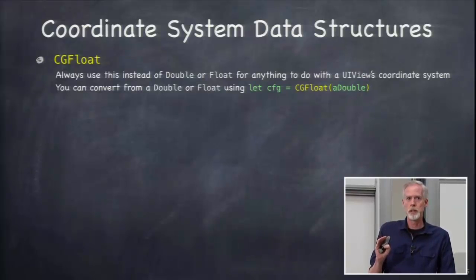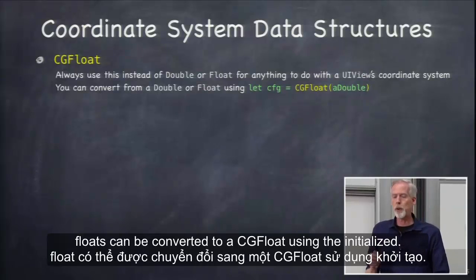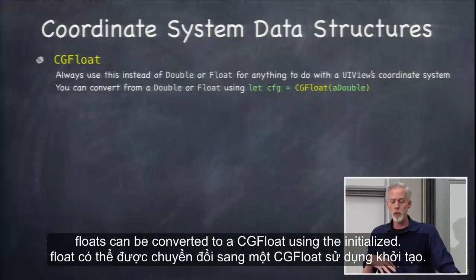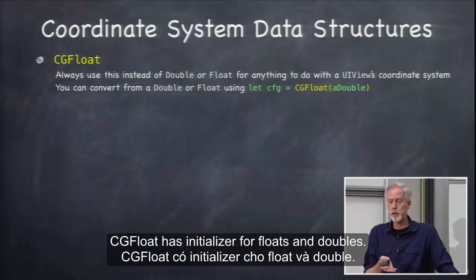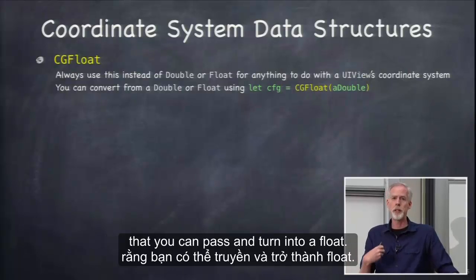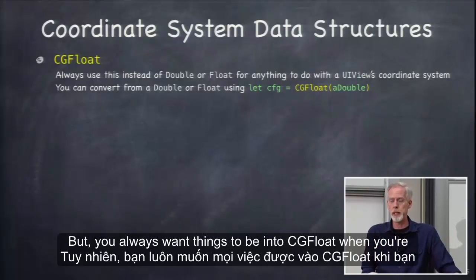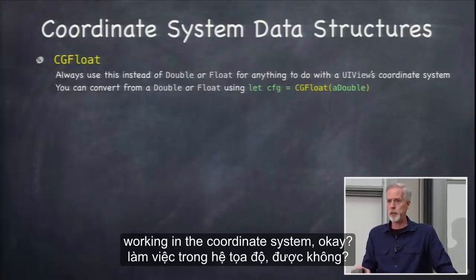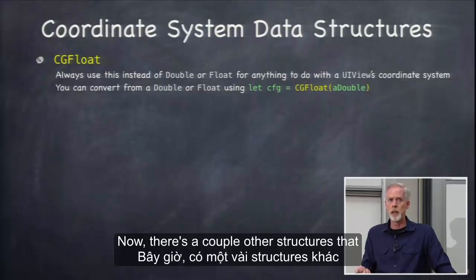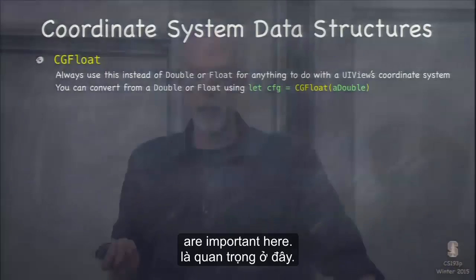CGFloat. Now, Doubles and Floats can be converted to a CGFloat using the initializer. CGFloat has initializers for Floats and Doubles that you can pass and turn it into a CGFloat. But you always want things to be CGFloats when you're working in the coordinate system, okay? Now, there's a couple other structs that are important here.